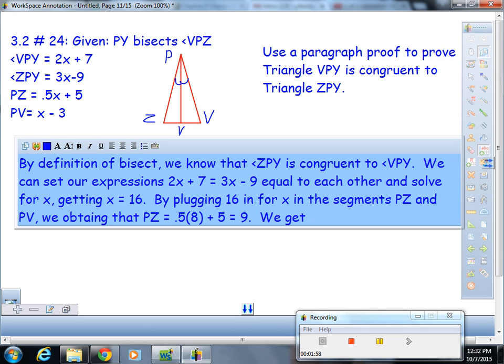We get PV equals, hold on, I plugged it in wrong. 0.5 of 16, sorry, is 8, and 8 plus 5 is 13.